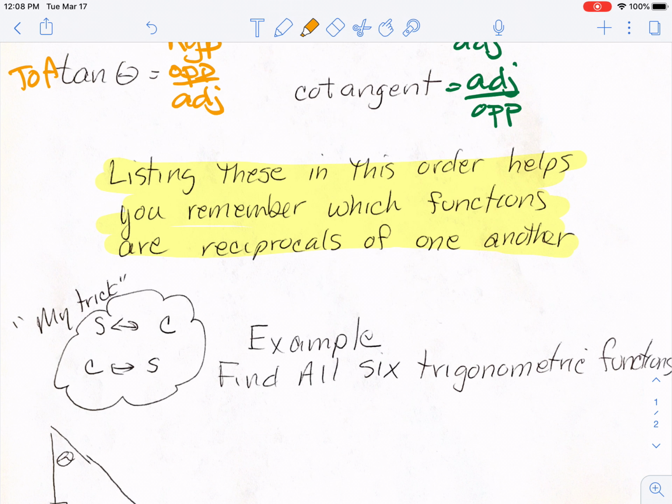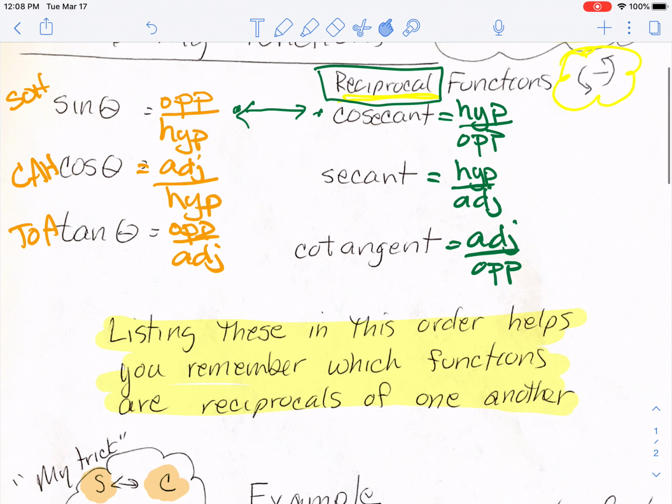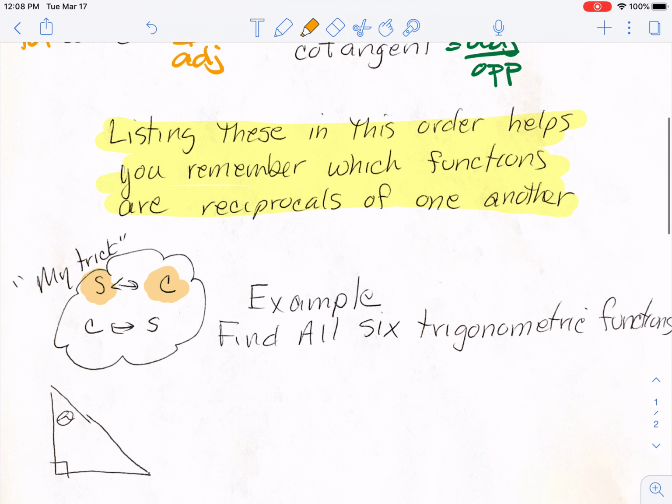When I'm trying to remember if sine goes with cosecant or secant, I notice that when I look at those 6 formulas up there, if I start with a S in one formula, then the one it gets paired with starts with C. So sine wouldn't go with secant because those would both start with S. It's a silly thing, but it works for me. So cosine starts with a C, so it's going to get paired with the function that starts with S. So it has to be a C and an S on the first parts of the 2 functions. So if that works for you, use it. It works pretty well for me.